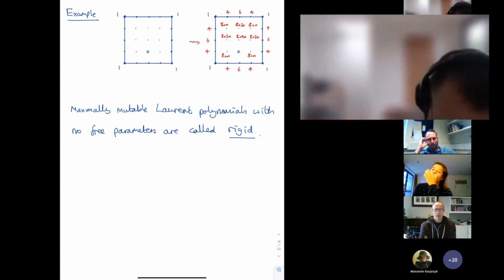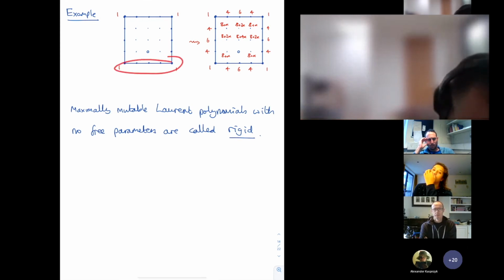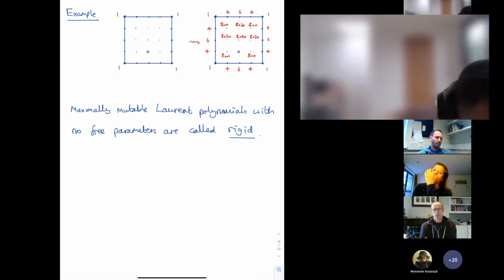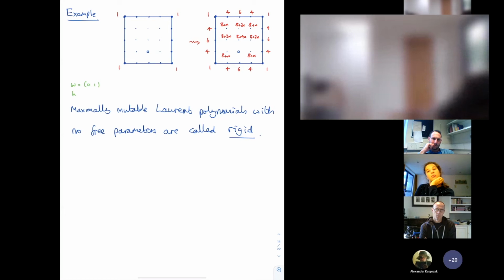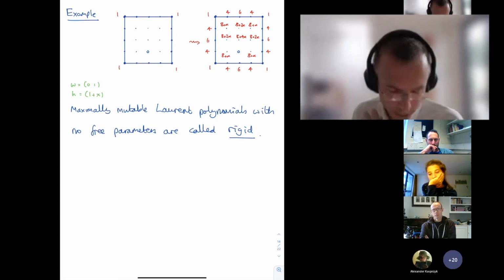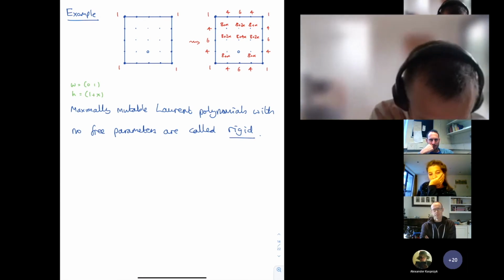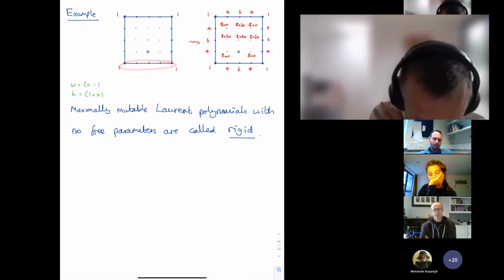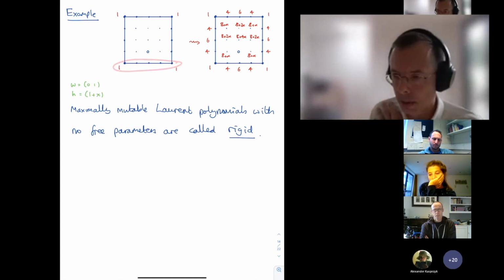We've put ones on the vertices. And then we could imagine mutations which are to do with this edge here. So you could imagine taking my weight vector to be 0, 1 as before. And then you could say, okay, why don't I take my factor polynomial to be 1 plus x? And then imposing compatibility with 1 plus x with that mutation will give you a bunch of equations on the coefficients of these lattice points.